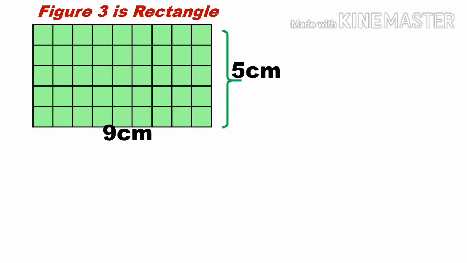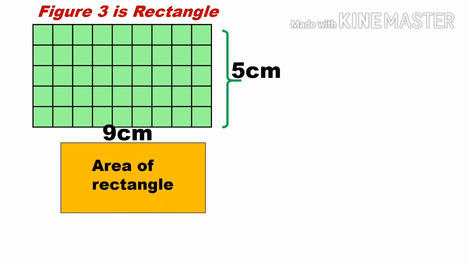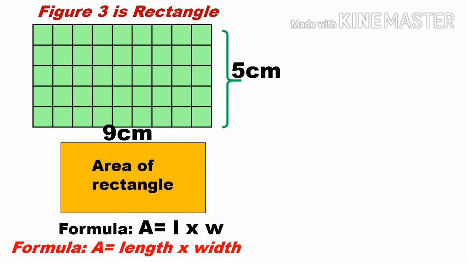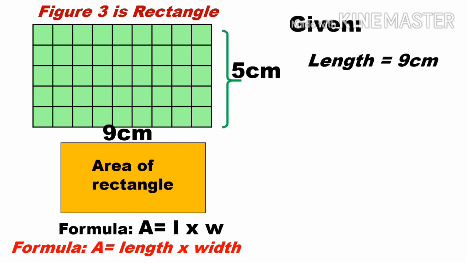And now let's find the area of figure 3, which is a rectangle. So we have the length of 9 centimeter and width of 5 centimeter. So we need to use the formula of the area of the rectangle, which is L times W, or the length times the width. First we have the given length is equal to 9 centimeter and the width is 5 centimeter.